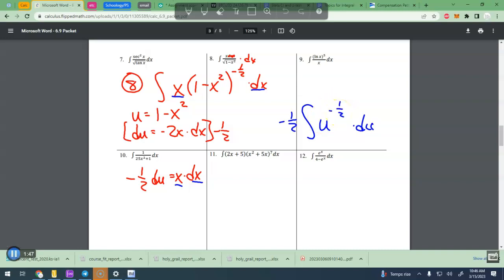And then I can just do my regular power rule, so I add 1 to the power, which makes it 1 half. I multiply by the reciprocal of the new power, so a positive 2 times this negative 1 half is a negative 1. And then don't forget your plus c. And then you shove the x's back in place for the u's. How's that for 8?